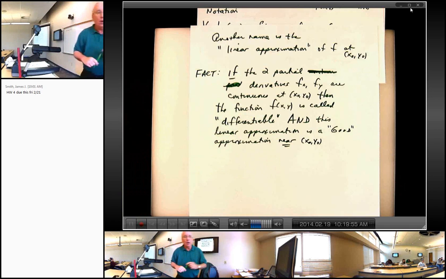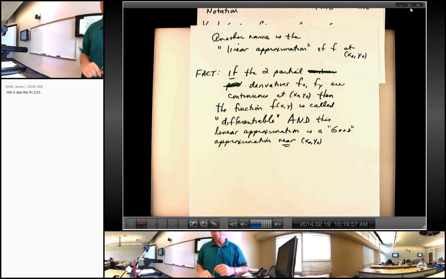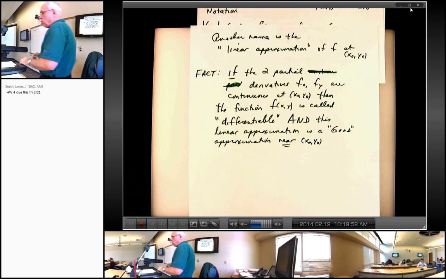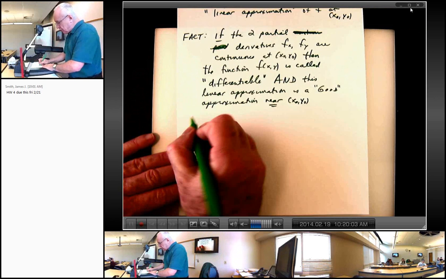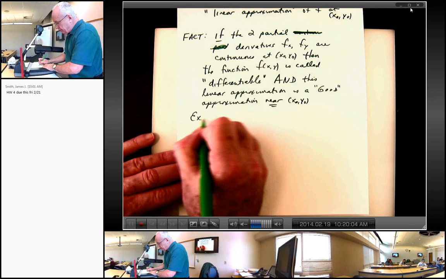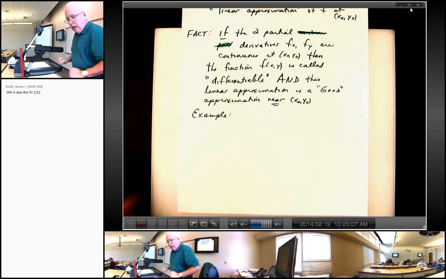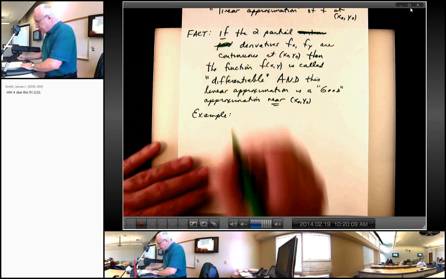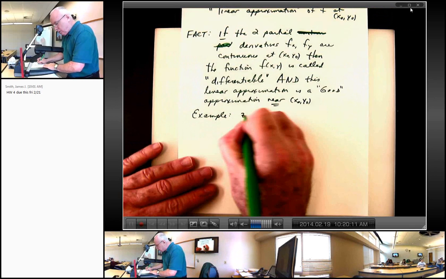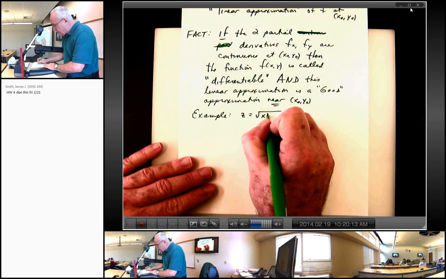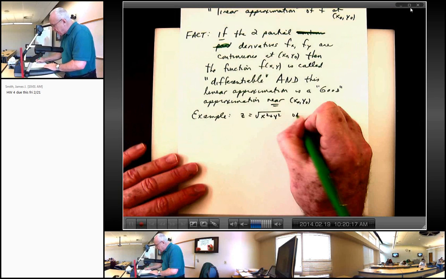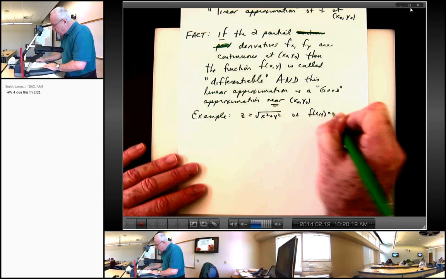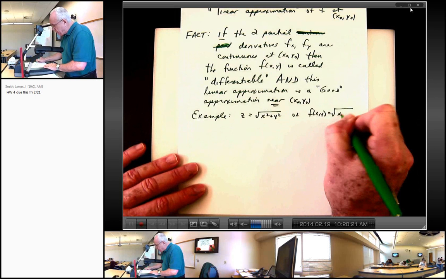So I think we really need to do an example here to see how this can work in an actual problem. Let's have our function be z equals the square root of x squared plus y squared, or we can write this as f of x, y equals the square root of x squared plus y squared.